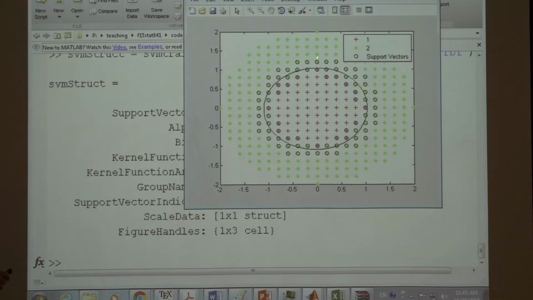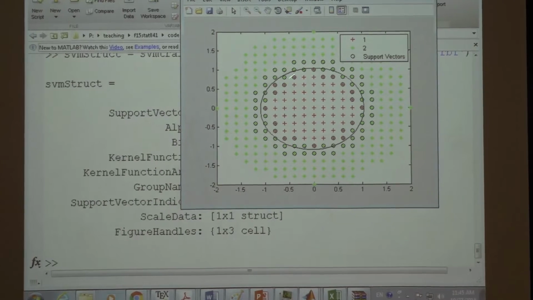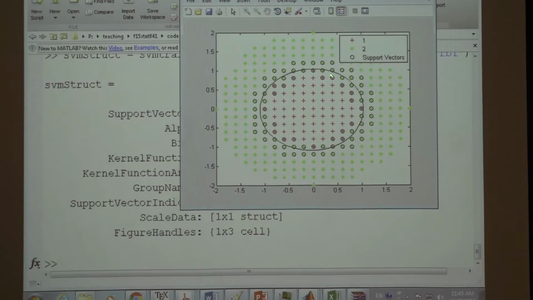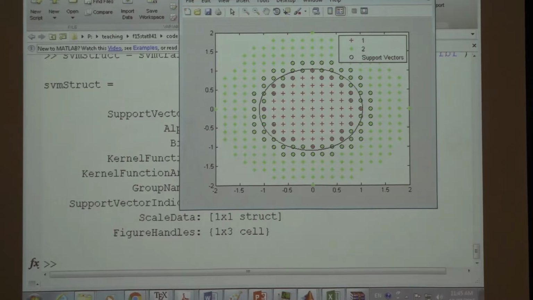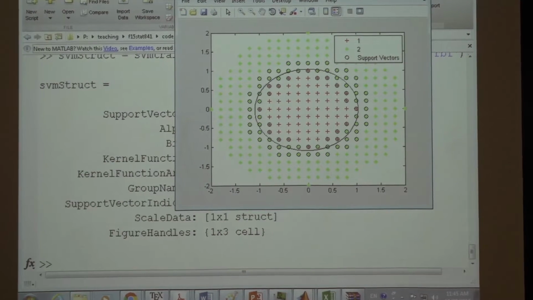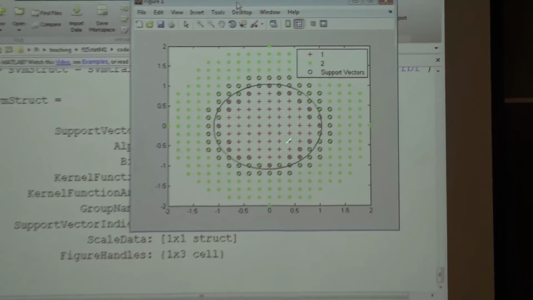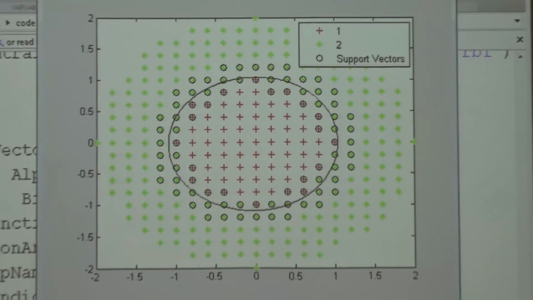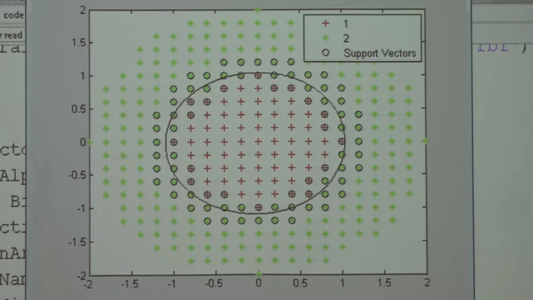These points that have circles around them are support vectors. So the decision boundary depends only on these support vectors. Alpha corresponding to any other point is 0 in the dual formulation. So these points have no effect in the optimization.